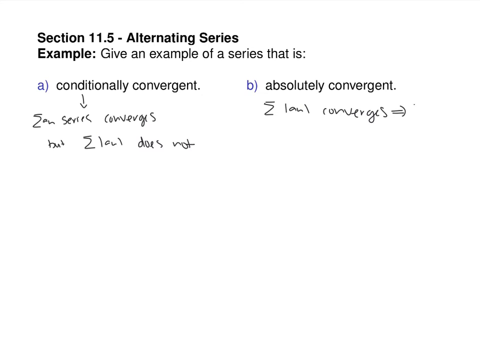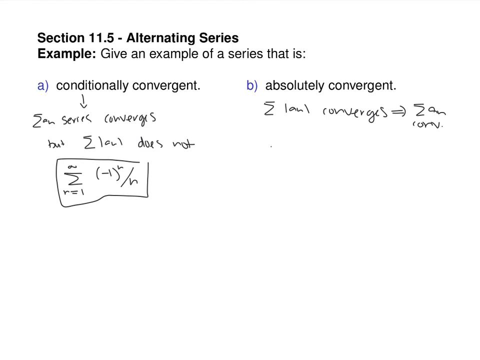And this actually implies that the series itself converges. So a series that's conditionally convergent, a good example is the alternating harmonic series, negative 1 to the n over n. That series converges by the alternating series test, but if you take its absolute value, you get 1 over n, and the sum of 1 over n diverges.